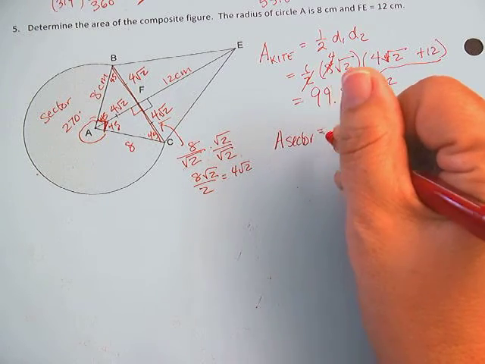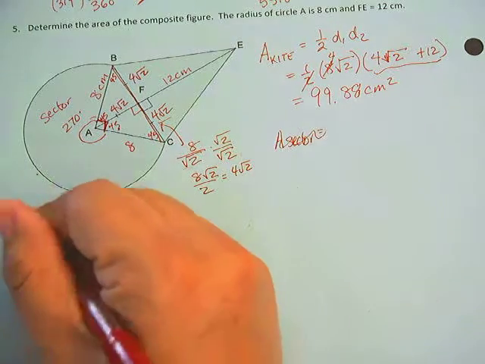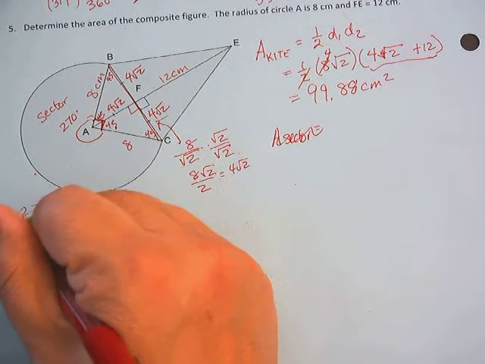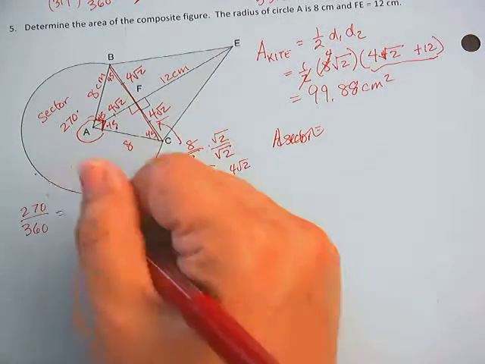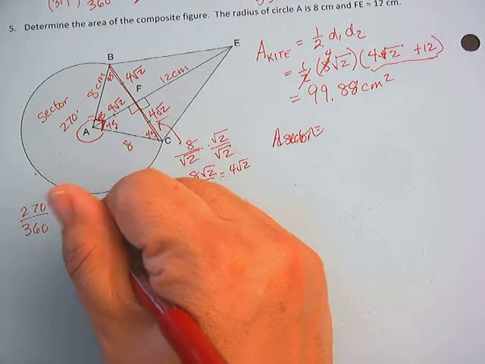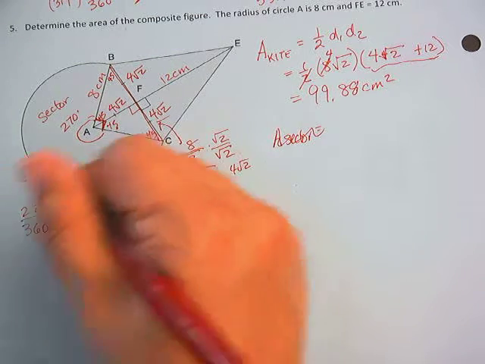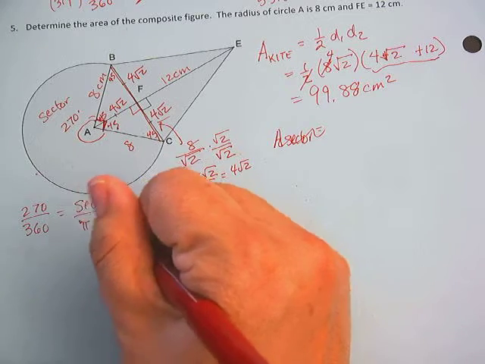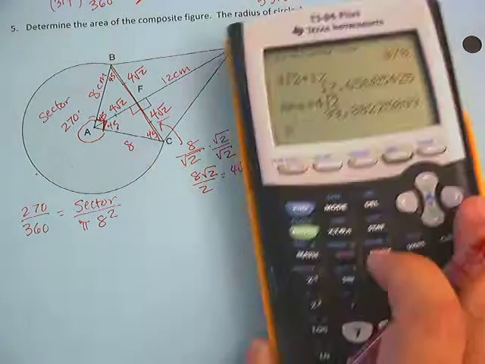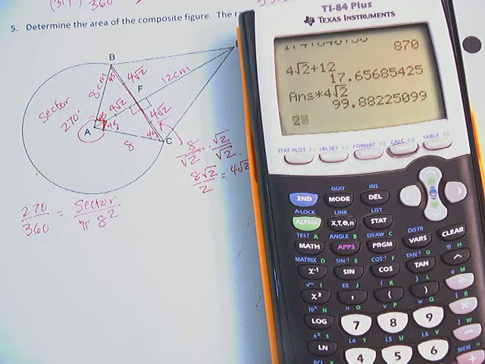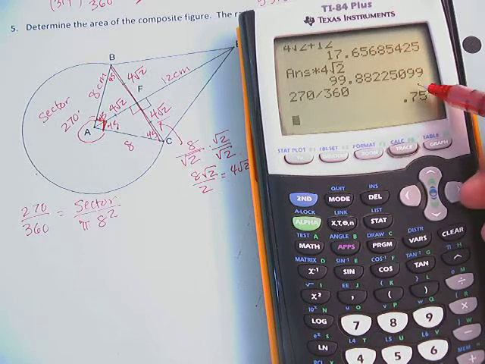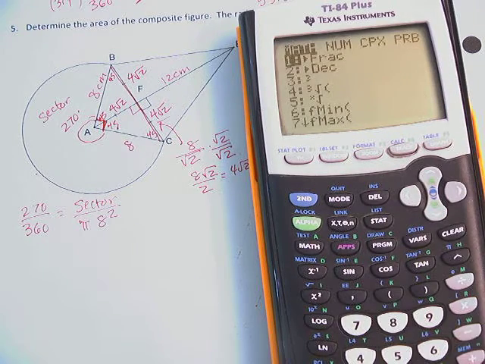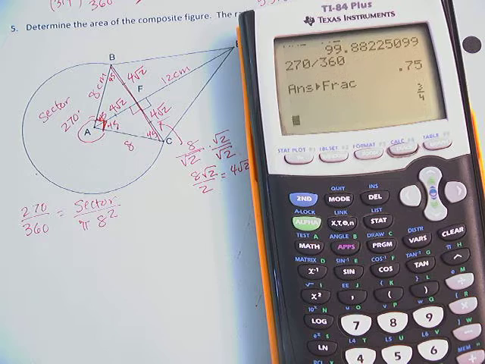is, remember we have a proportion actually, let me do it this way. So I can say 270 over 360, 3/4 of the circle, my sector area should be 3/4 of the whole area, which is going to be pi times r squared, 8 squared. I'm going to go ahead and simplify this. Hopefully you should see that 270 divided by 360 should be 3/4, and you can see it's 0.75. If you hit math and you wanted to change that to fraction, it's 3/4.